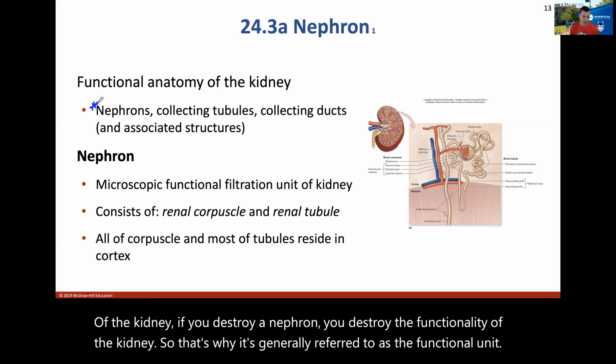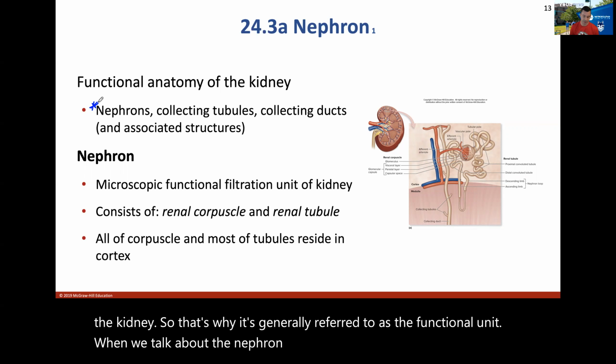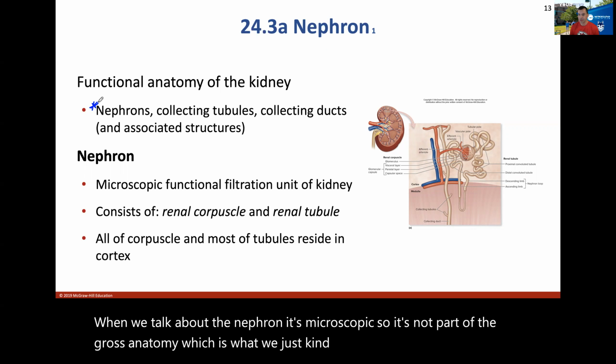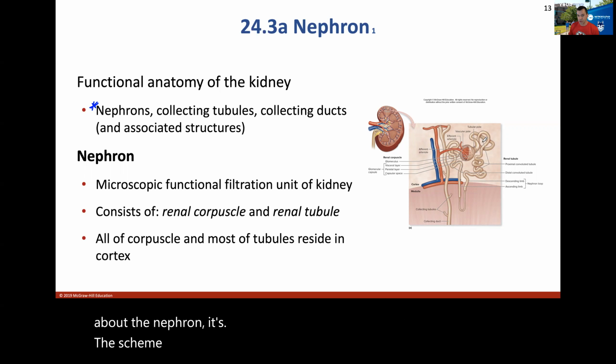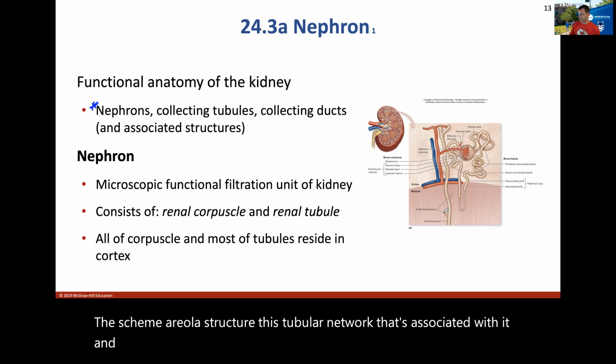When we talk about the nephron, it's microscopic, so it's not part of the gross anatomy, which is what we just kind of discussed. But when we talk about the nephron, it's this glomerulus structure, this tubular network that's associated with it, and then the collecting duct. And we'll get into all of these little parts and pieces here, okay?